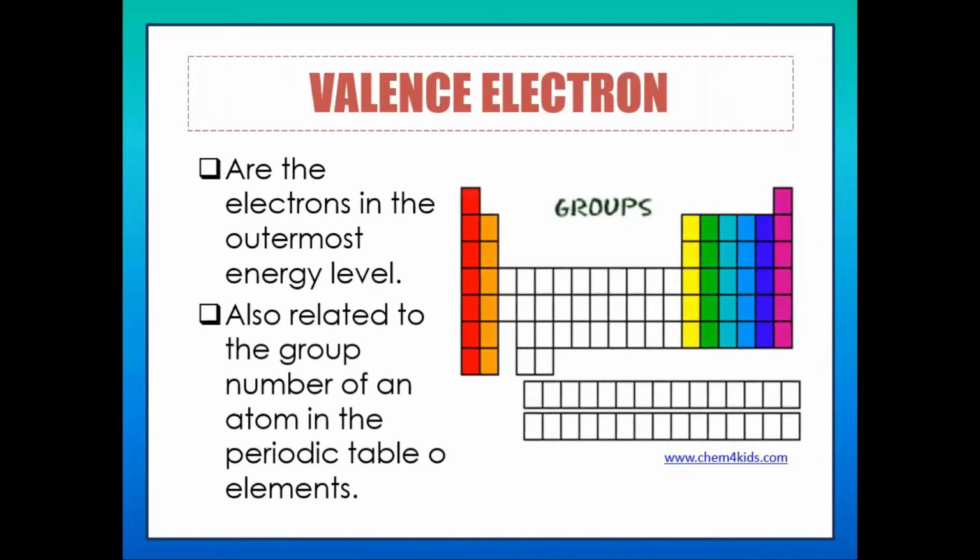Also, the valence electron is related to the group number of an atom in the periodic table of elements only for representative elements or your main elements in the periodic table. That is found here, group 1, 2, and so on and so forth. The ones with colors here in the given picture.